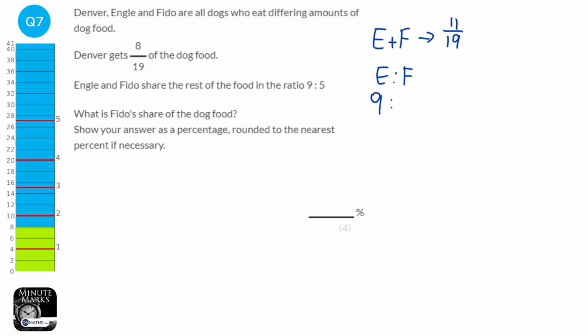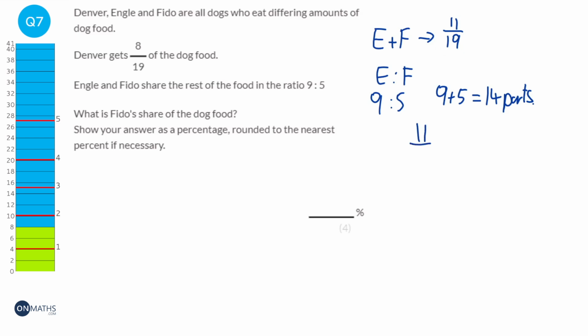So it's 9 to 5, and let's see how many parts there are all together. So 9 plus 5, which is 14 parts. So there are 14 parts in total, and the share that they get is 11/19.